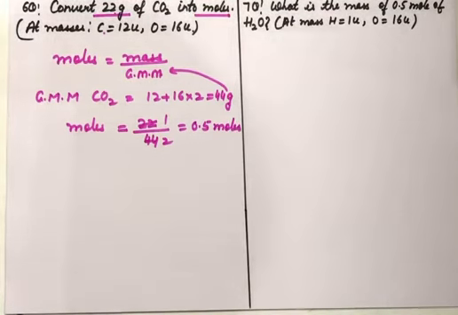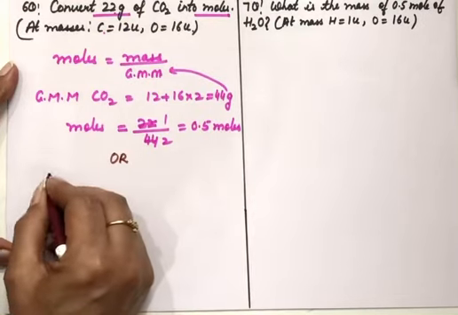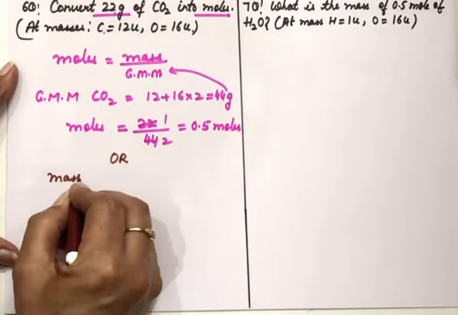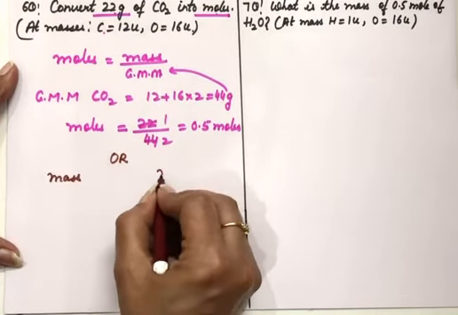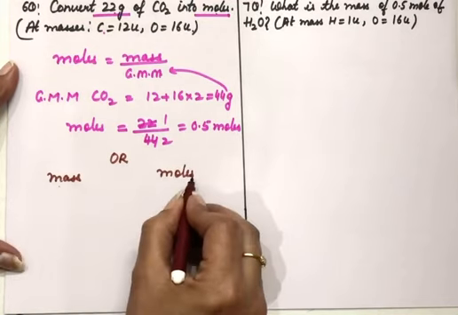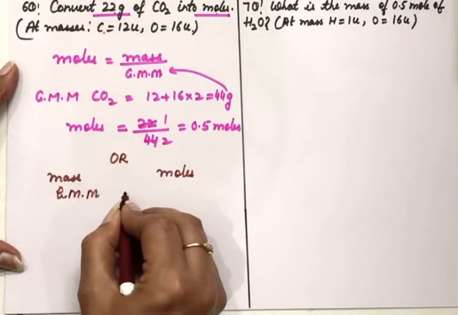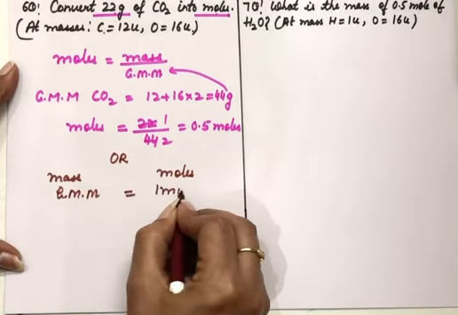Now the second way is the unitary method. Mass is given, so we keep this on the left hand side, and moles we have to find out, so we keep the moles on the right hand side. Now which mass is equal to how many moles? Since it is a compound, the gram molecular mass is always equal to 1 mole.